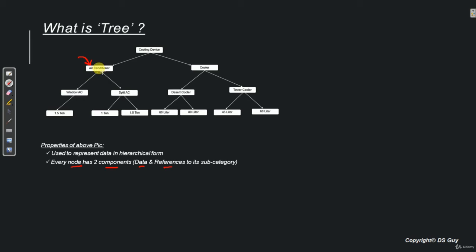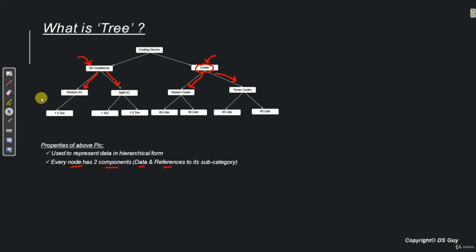That is, it also stores the address of its subcategory, which is window AC and split AC. Similarly, if we see cooler, we have data over here which is cooler, and it also stores the reference of its left category and right subcategory.